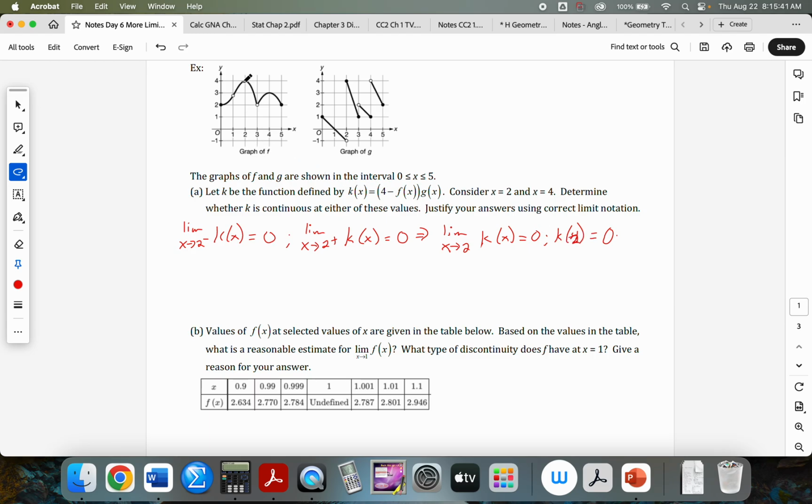At 2, f is 4, so that first part will be 0 times, at 2, g is 4, so that's equal to 0. Therefore, k is continuous at x is equal to 2.